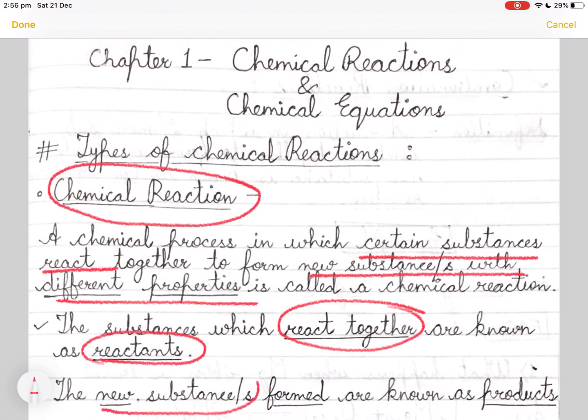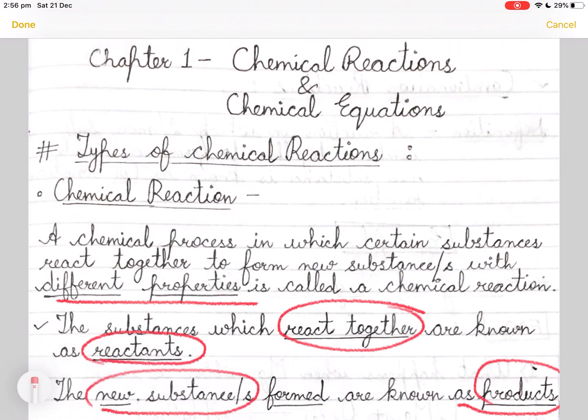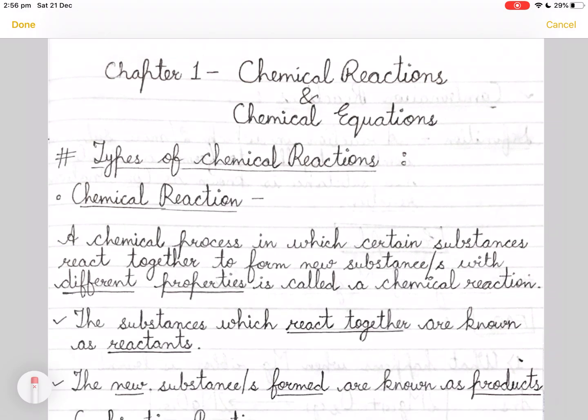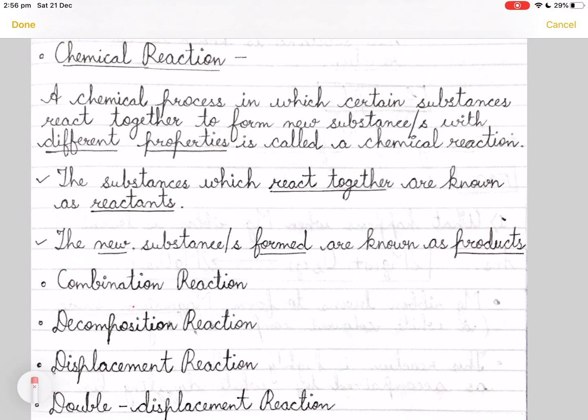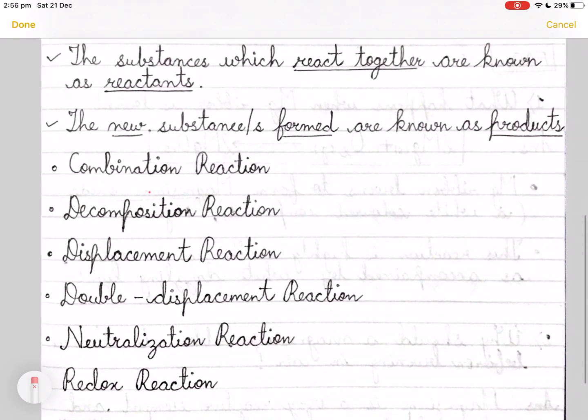Whereas the new substance which is formed is known as product, or if more than one is there, they are known as products. It's very simple to understand. Now, we got an idea that in a chemical reaction we have reactants and reactants will combine together to give you products.